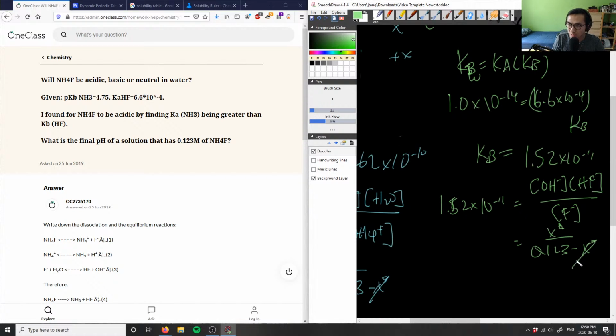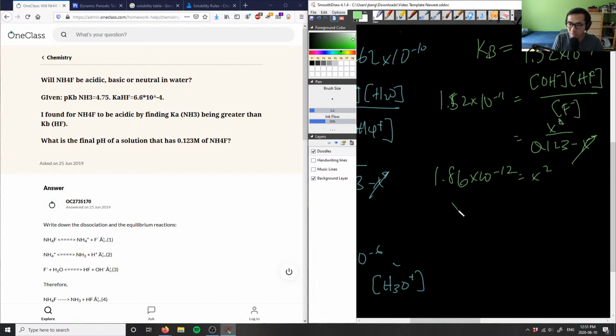We can use a small x approximation again, so I'm just going to simply multiply both sides by 0.123. So I'm going to get 1.86 times 10 to the negative 12 equals x squared. Square root both sides. I'll get my molar solubility, which is going to be 1.37 times 10 to the negative 6 molarity, which will equal my concentration of my hydroxide ion.